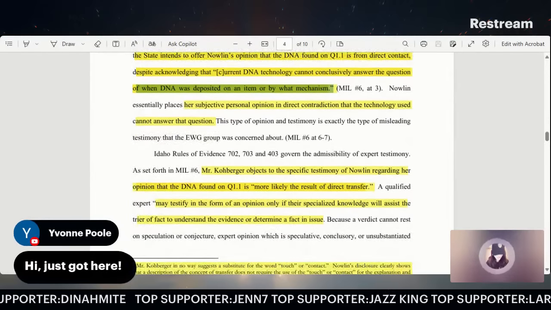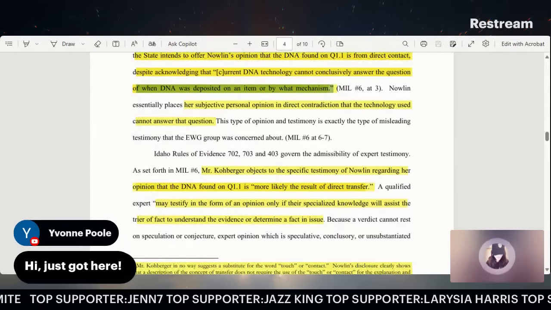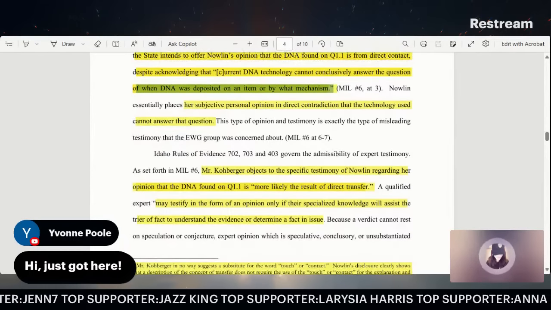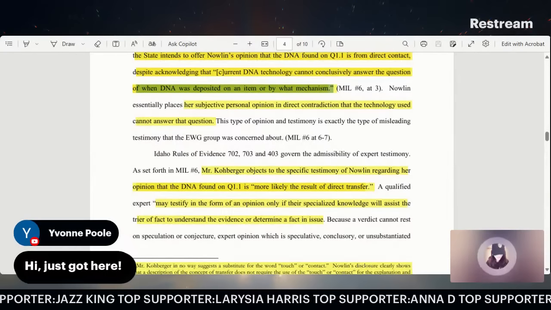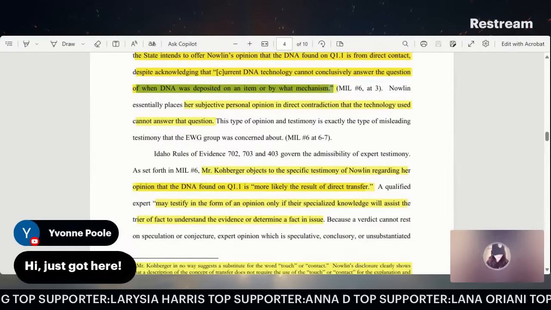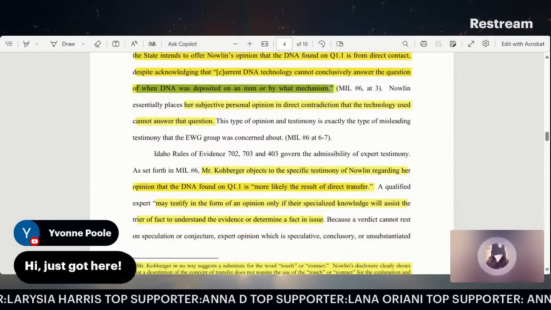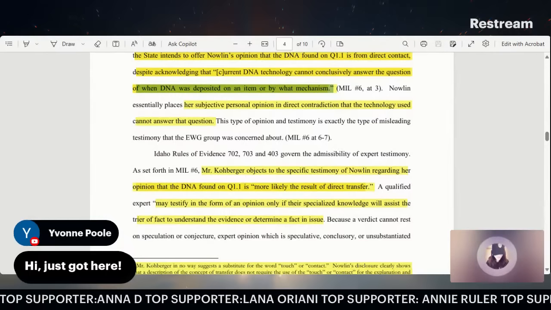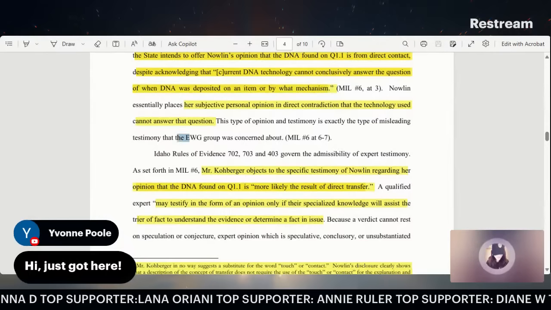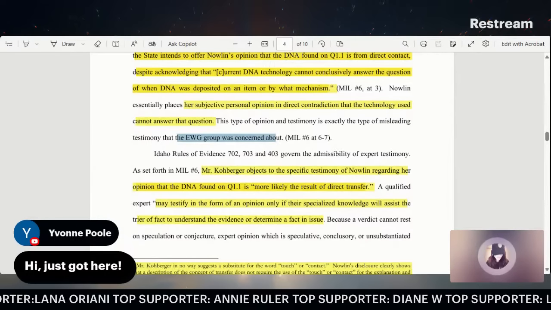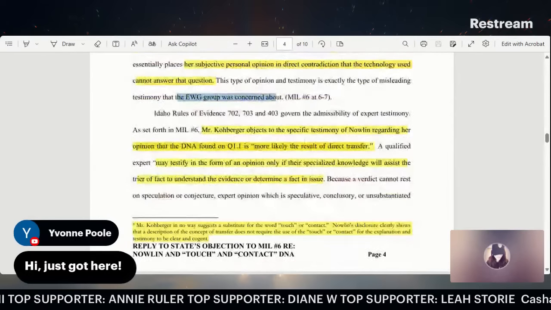Nowlin essentially places her subjective personal opinion in direct contradiction that the technology used cannot answer the question. This type of opinion and testimony is exactly the type of misleading testimony that the EWG group was concerned about.